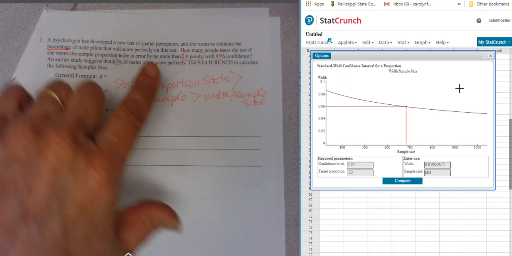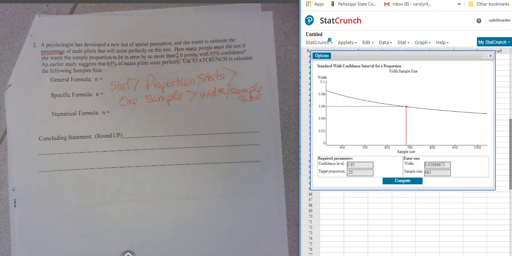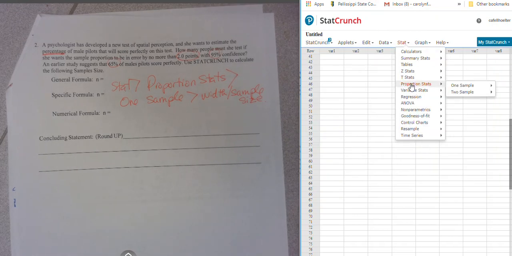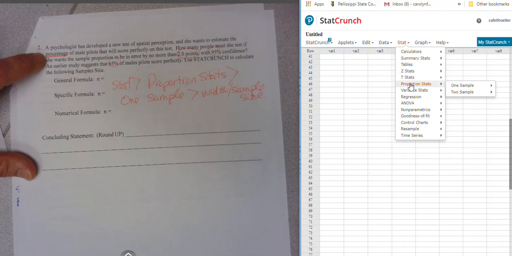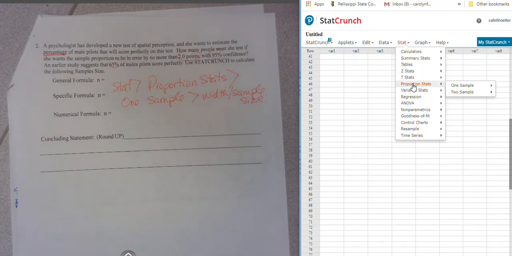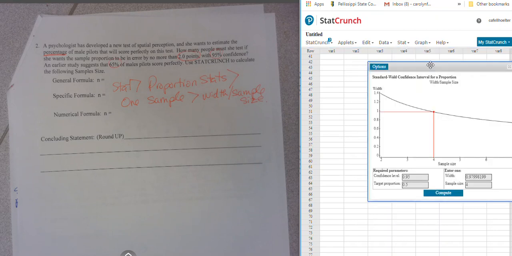And of course you can find this in your notes. But let's just start over. I'll X out of this. We're going to go to stat, proportion stats. And again, that's from this word here that says we're going to get a sample and we want to find a percentage. So that's proportion stats, one sample, and then we go down to width/sample size.